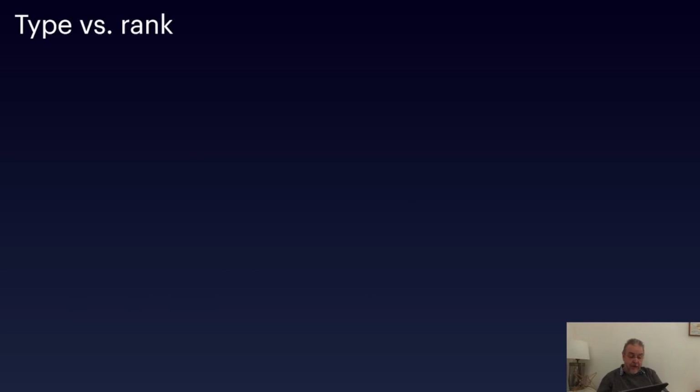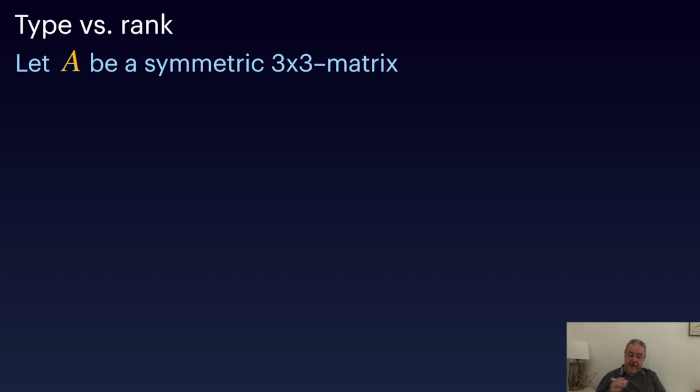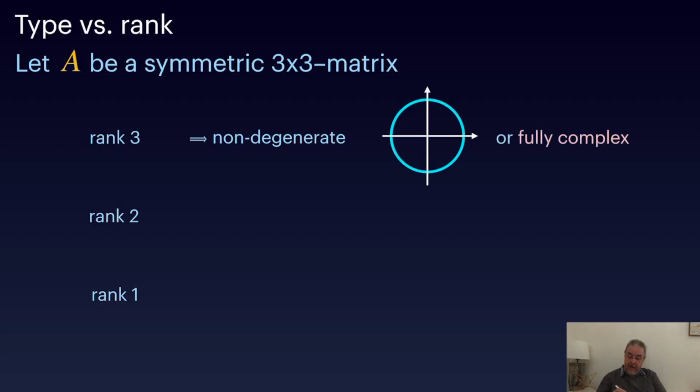I want to use that as a kind of final remark of this section as an indication of how you can take the rank of a matrix to conclude something about its degeneracy type. So if you have a symmetric 3 by 3 matrix and you observe that this matrix has a full rank 3, then it cannot be decomposed in two lines, and it must be a full dimensional non-degenerate case.